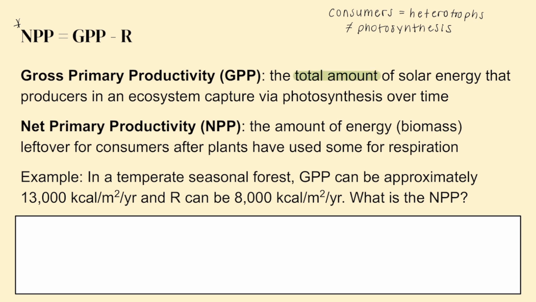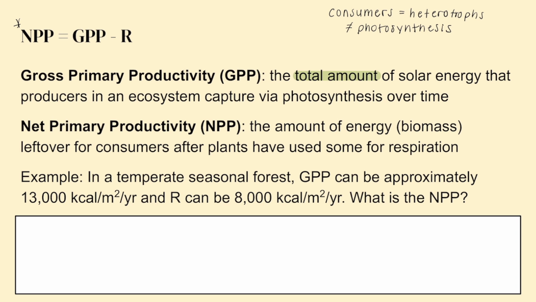Net primary productivity is the amount of energy or biomass, so the amount of plant growth that's occurred, that is left over for consumers after plants have used some for their own cellular respiration. So again, producers or plants can do both photosynthesis and respiration, but luckily they do a lot more photosynthesis than respiration.